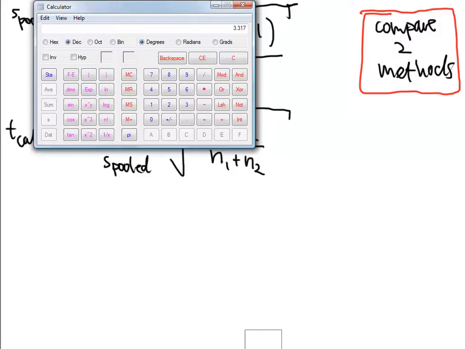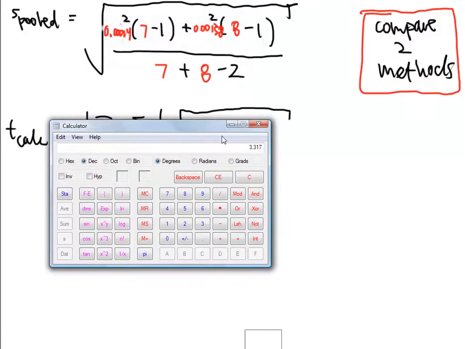So in the calculator, I want to take this baby steps at a time. I'm going to do 0.00014 times 0.00014. That's squaring, right? That gives me 0.000000196. Well, that number needs to be multiplied by 7 minus 1. Well, 7 minus 1 is 6. I can do that in my head. I don't need to do that on a calculator. So I multiply that by a 6, and there's the answer.